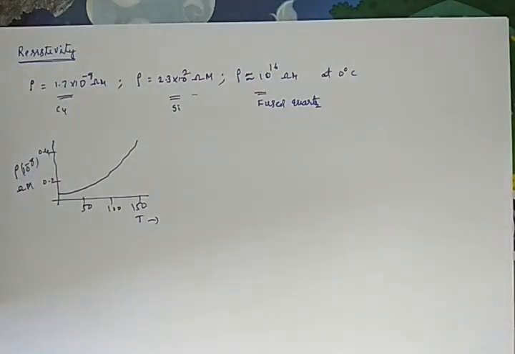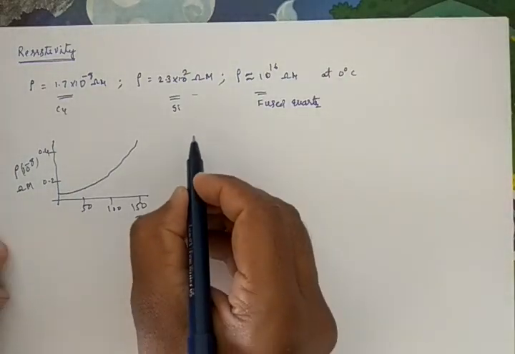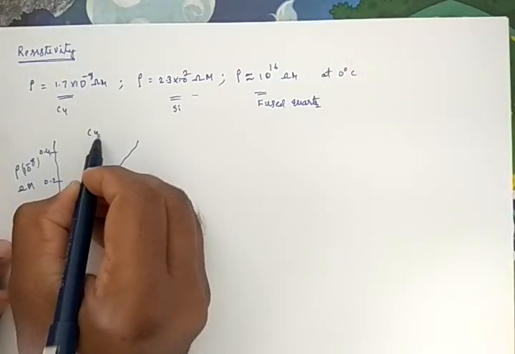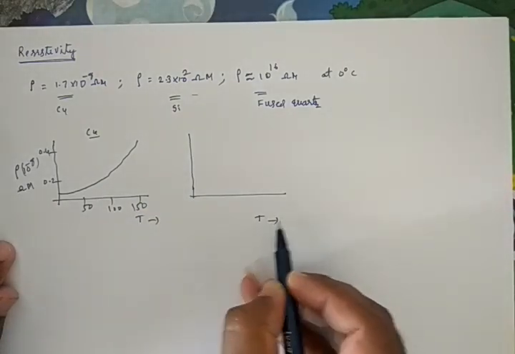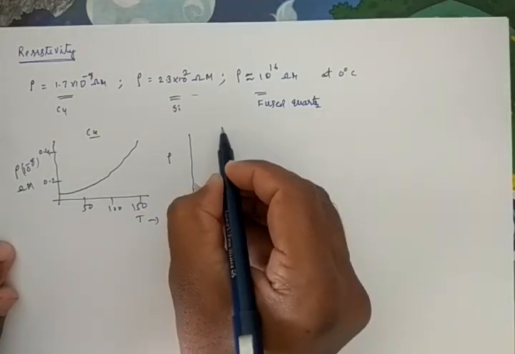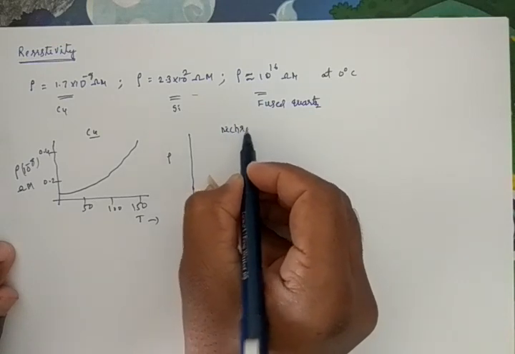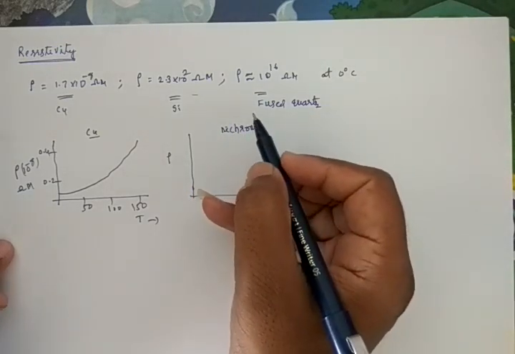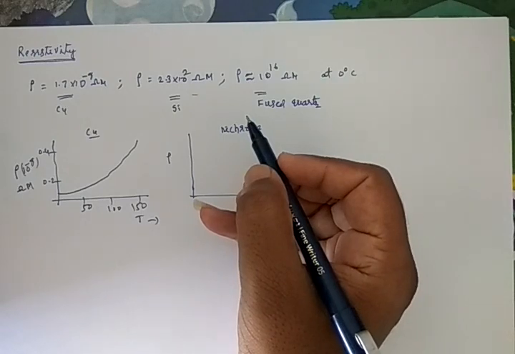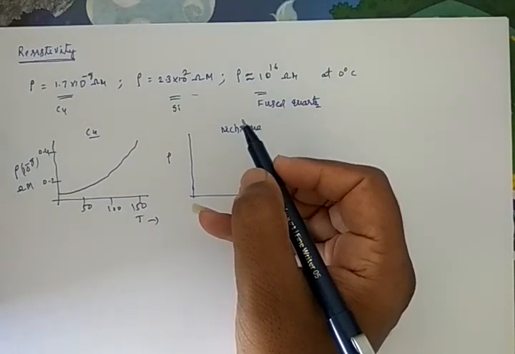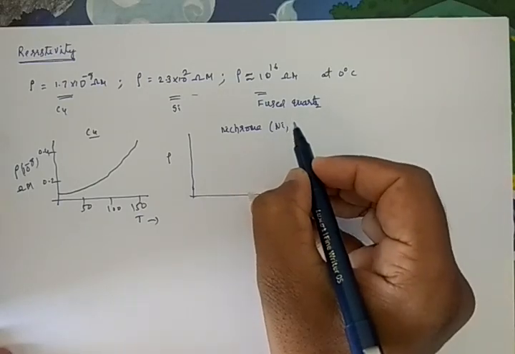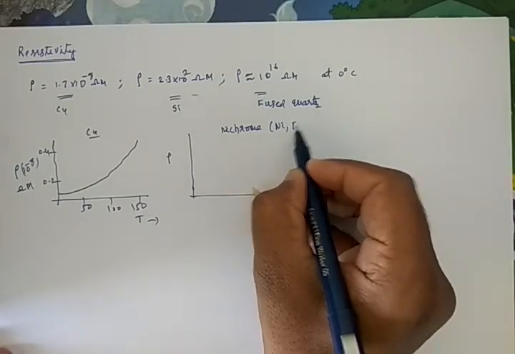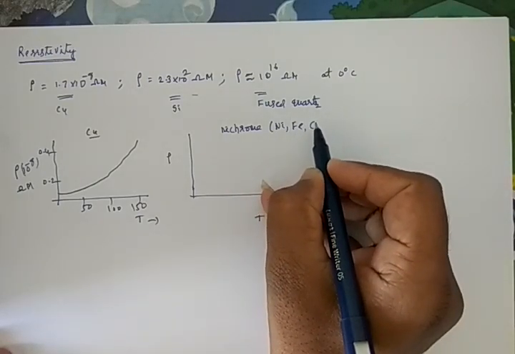If you take one more element called nichrome, for example, the same thing, temperature versus resistivity for nichrome. Nichrome is an alloy made of nickel, iron, and chromium.